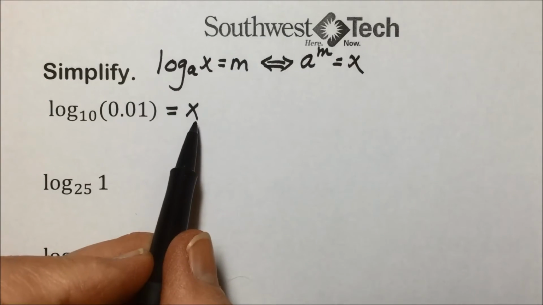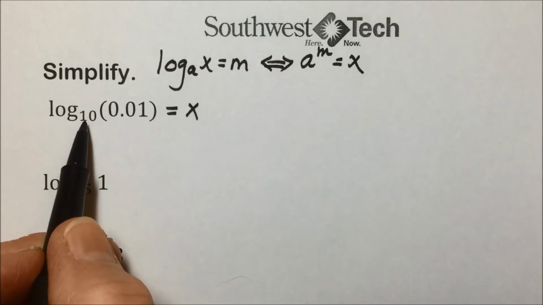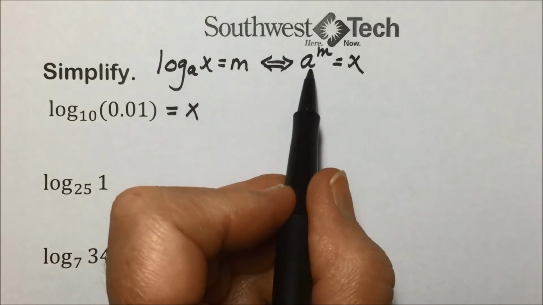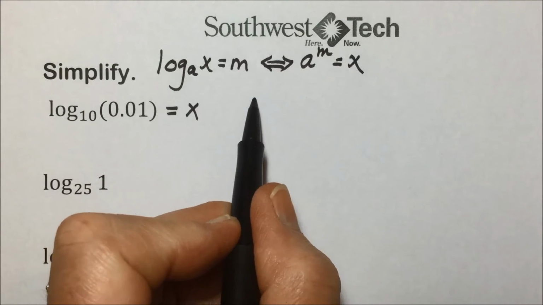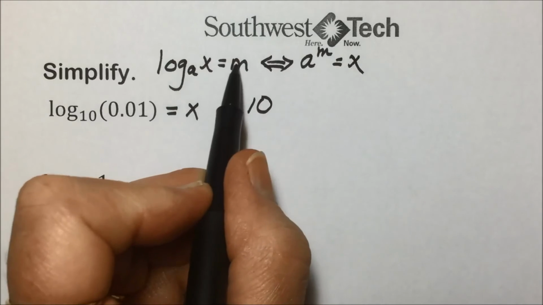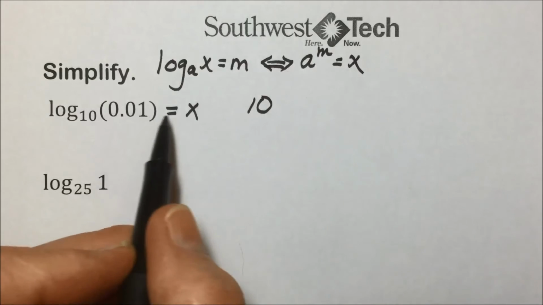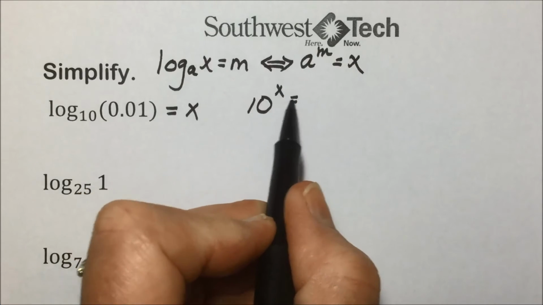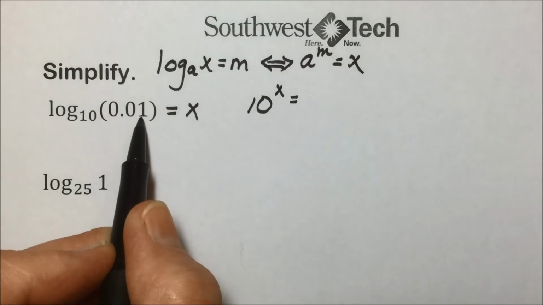So here we have our logarithmic form. We will take our base here and use it as our base when we translate it into the exponential form, raised to the m power, so it's equal to this unknown, is equal to 1/100th.